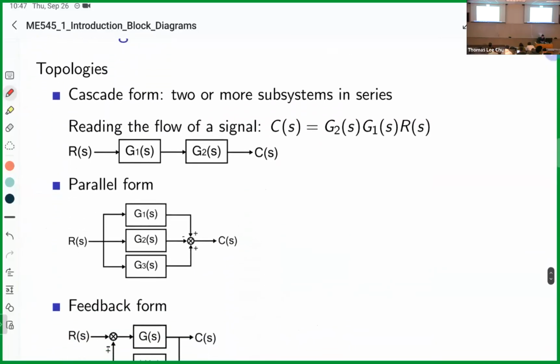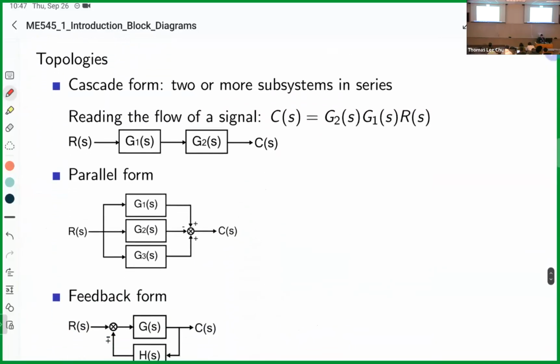Okay, a little bit more on topologies. Cascade form is when two or more subsystems are in series. In this class, we don't have to worry about the flow of a signal, the order of the blocks that appear, because we're dealing with single input, single output systems.